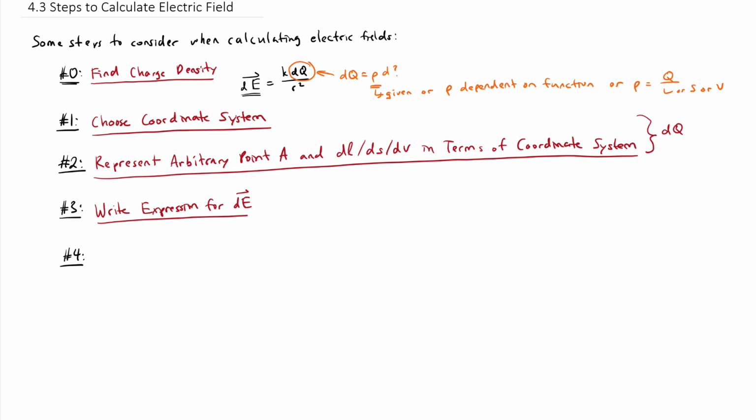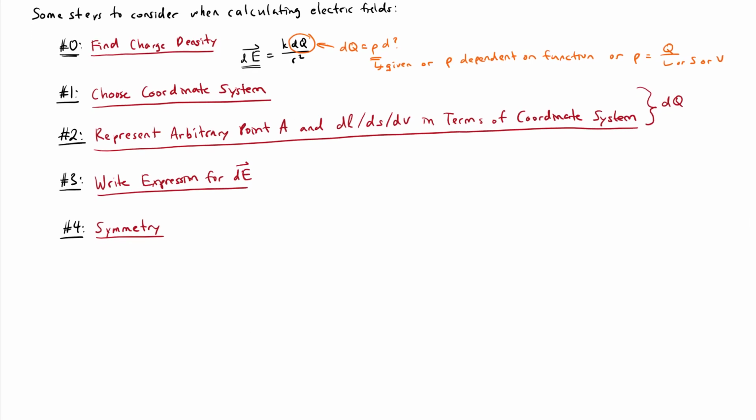Once you have your dE, the next step, or your next question, is whether your dE has to be broken up into dEx, dEy, and or dEz. So now we have to look at symmetry. So the question to ask is, do I need to integrate with respect to the x, y, and z directions, or do some of them cancel out?